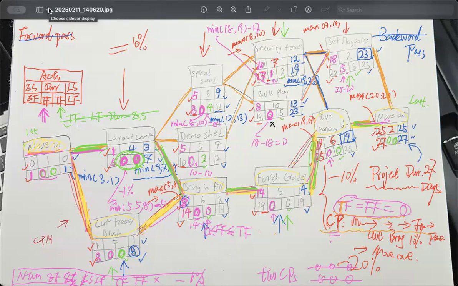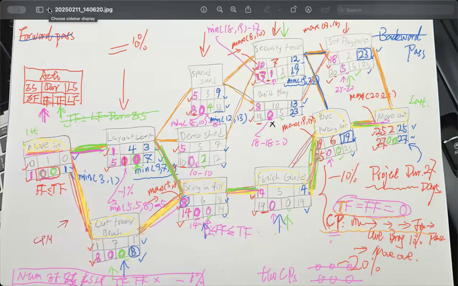So another thing I want to show you is the free float. You see each of those boxes, this is the free float and the next one is the total float. So every free float should be less than or equal to its total float. So when you do the calculation, if your free float is 1 and you're getting your total float equal to 0, that means you have an issue over here.